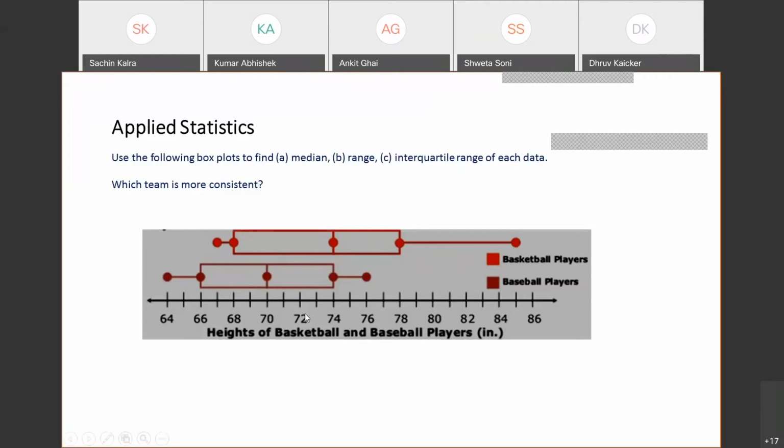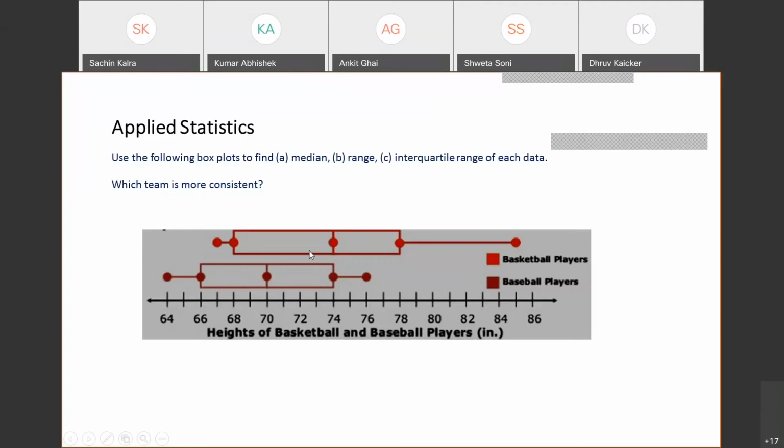That's the idea behind it. When I say consistent, that means the data is normalized, the data is symmetric. I just told you how to find whether data is symmetric or not. We check the median. It's 4 points from the lower quartile, and it's 4 points down to the upper quartile.